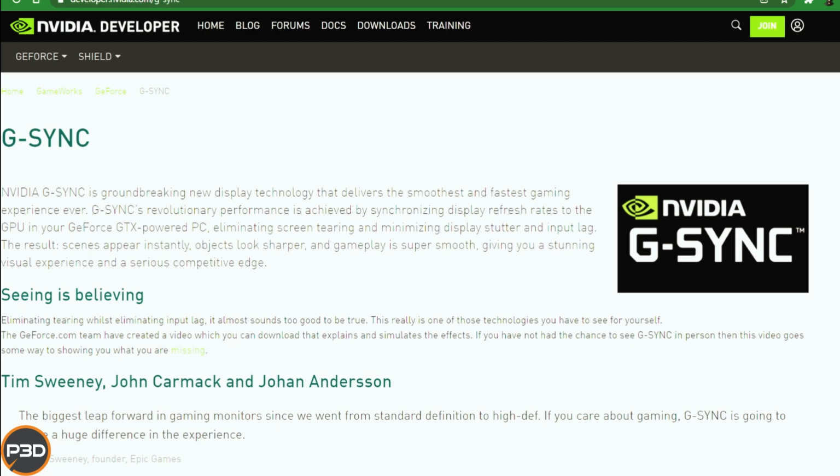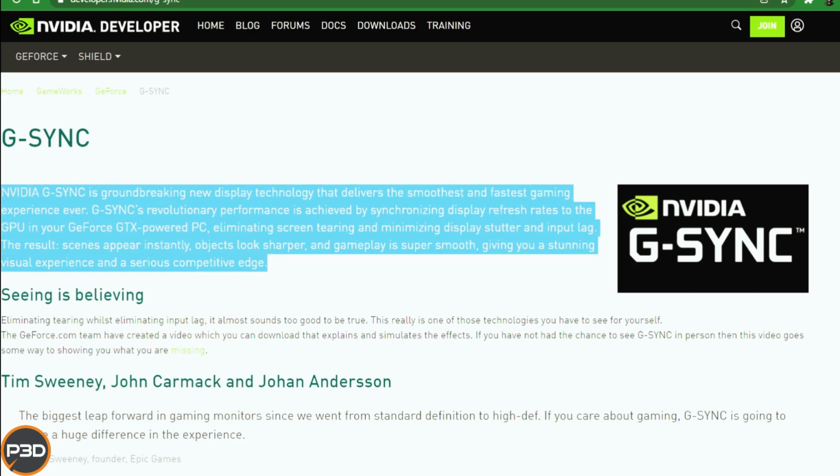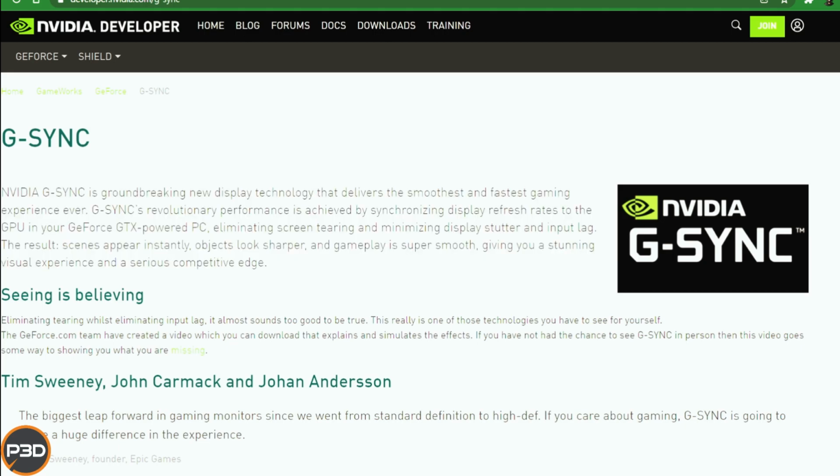Scenes appear instantly, objects look sharper, and gameplay is super smooth, giving you a stunning visual experience and a serious competitive edge. Now, this is all true, and at the same time is a load of rubbish, okay? Because it's a massive sales technique, right? G-Sync does not need to exist for starters, okay?